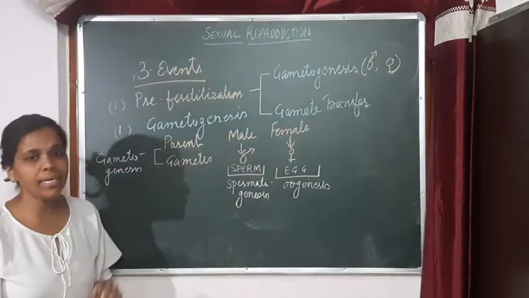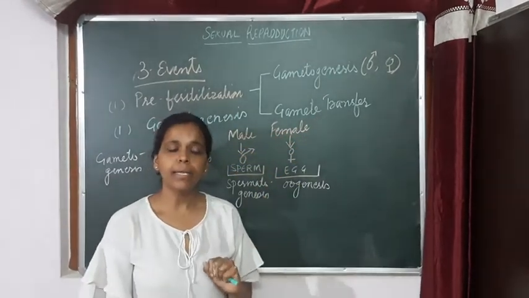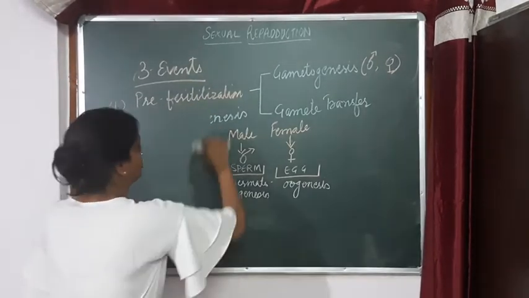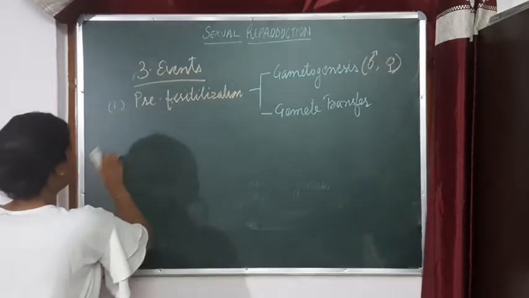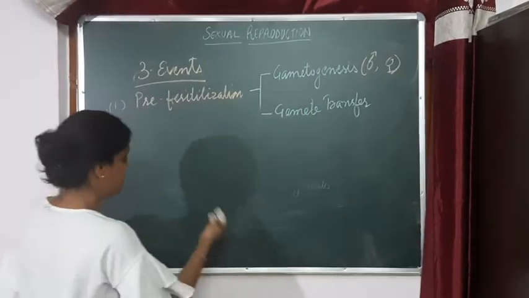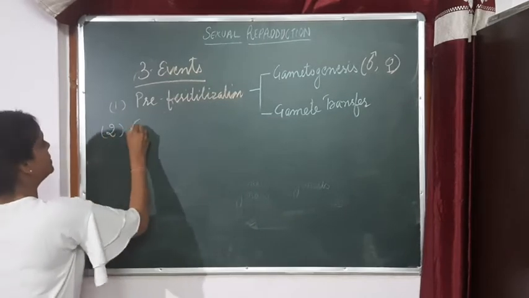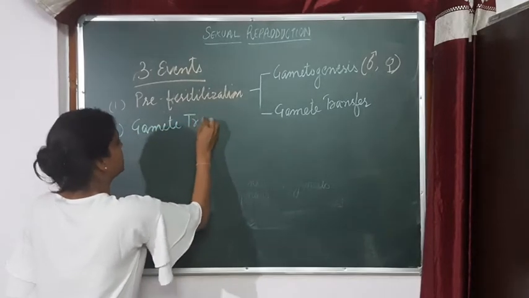Now, once the gametes are formed, the next step is to transfer the gametes, right? So the second step is to transfer the formed gametes. How is the transfer going to take place? So the second step is gamete transfer.